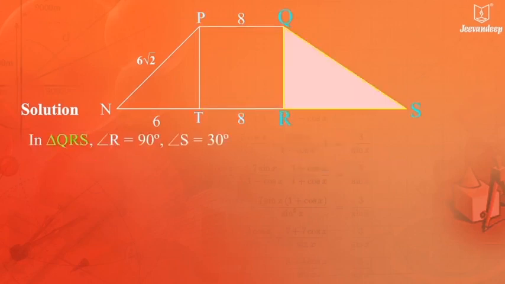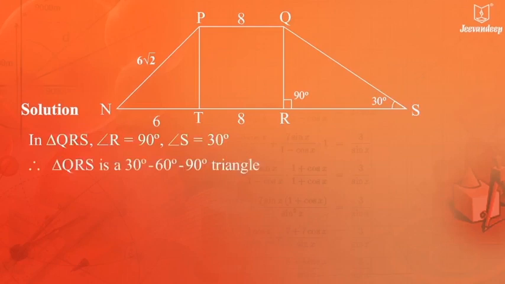In triangle QRS, angle R equals 90 degrees and angle S equals 30 degrees. Therefore, triangle QRS is a 30-60-90 triangle.